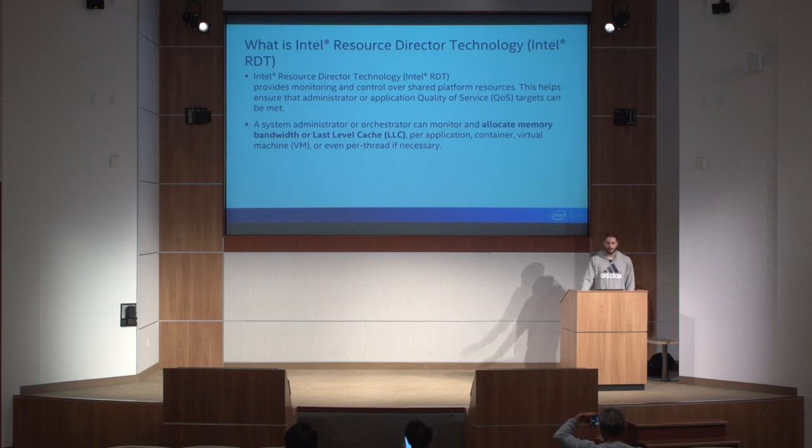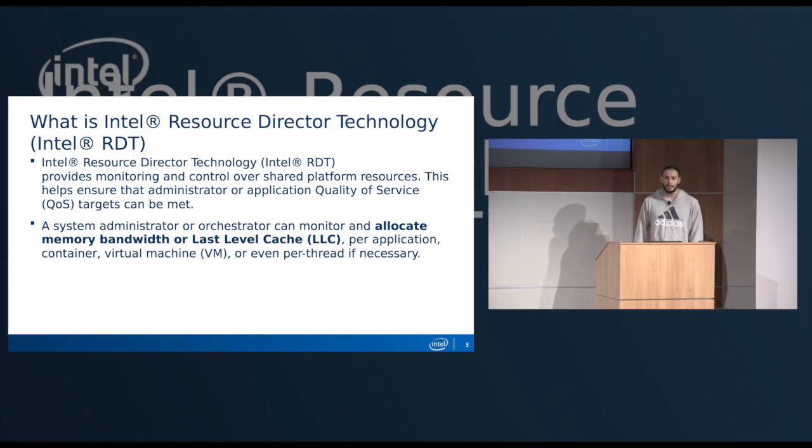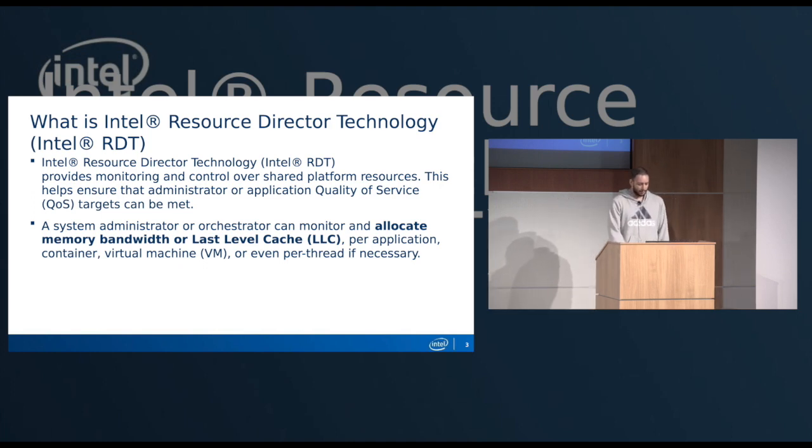If you're a system administrator or work at a cloud service provider, this could be a feature you could upsell to your customers. If a customer has a high memory bandwidth workload, you could use it to partition low and high priority memory bandwidth workloads.